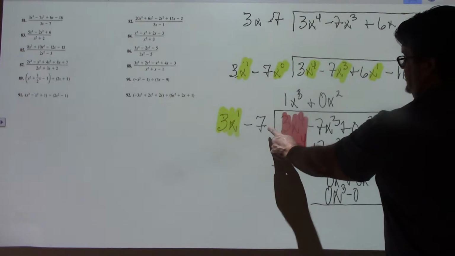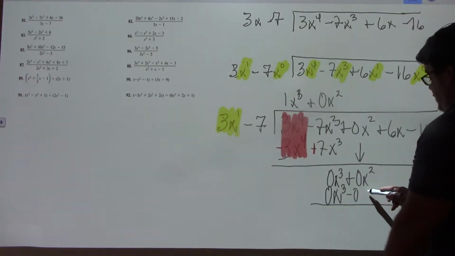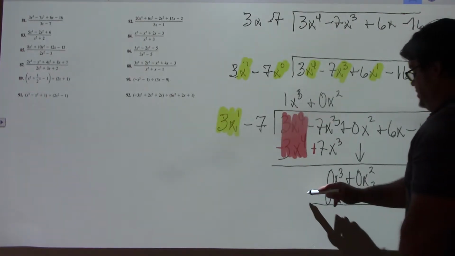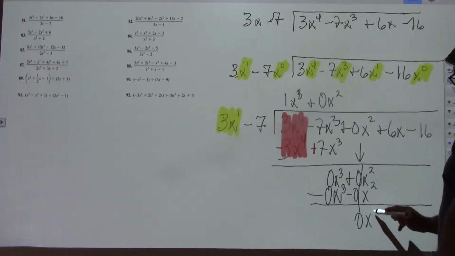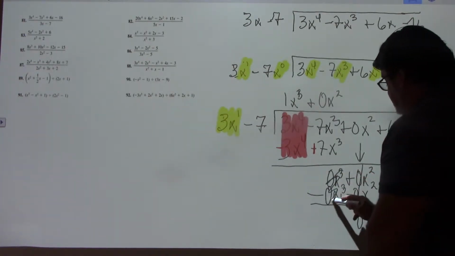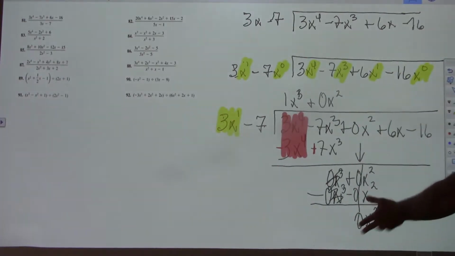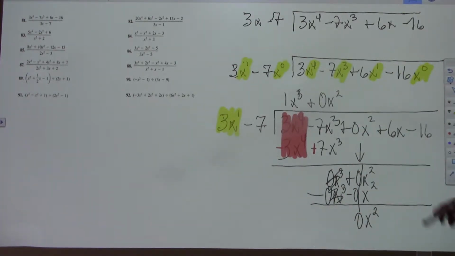And x squared times x to the 0 is x squared. We always subtract. That comes down to 0x squared. Because this goes out. Technically this goes out too, but it's times 0, so it doesn't matter. And the 6x comes down to help out.